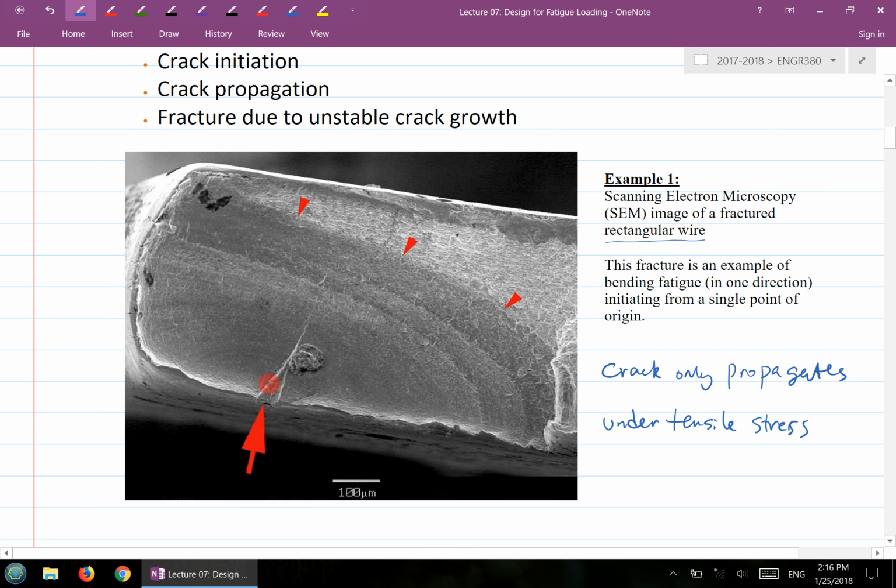Normal stress, and is it compressive or tensile? Tensile, right? When you apply a stress this way, downwards here will be compressive, and that action will not cause any propagation of the crack.